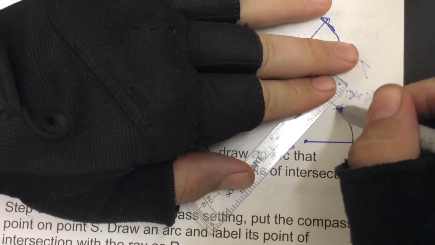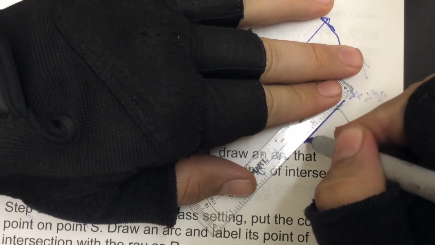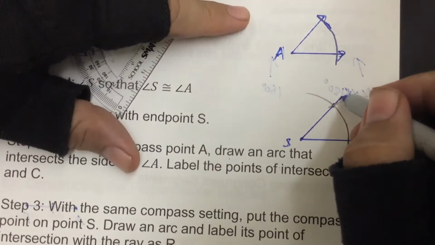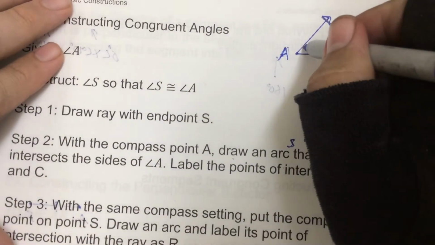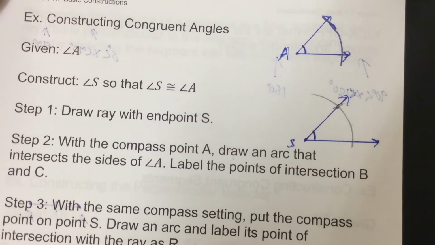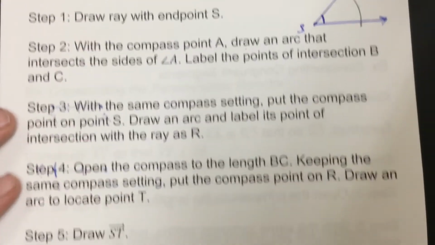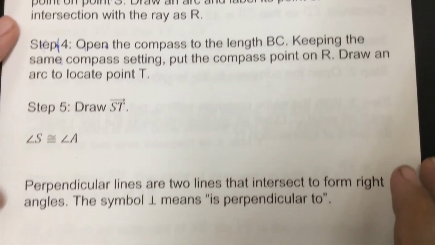There would be a point right there. We line this up and draw through. So our top angle A and our bottom angle S are going to be congruent. So we have congruent angles there. These steps are just describing what's going on.